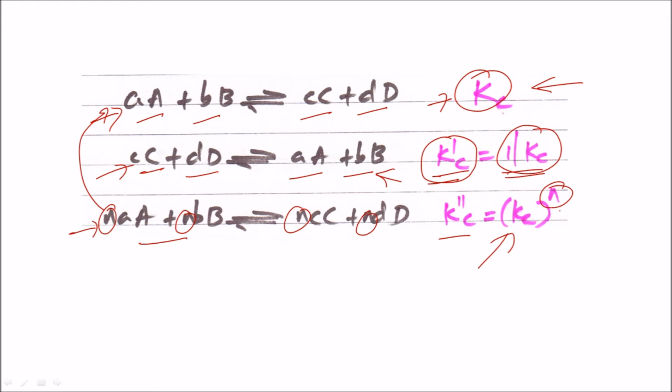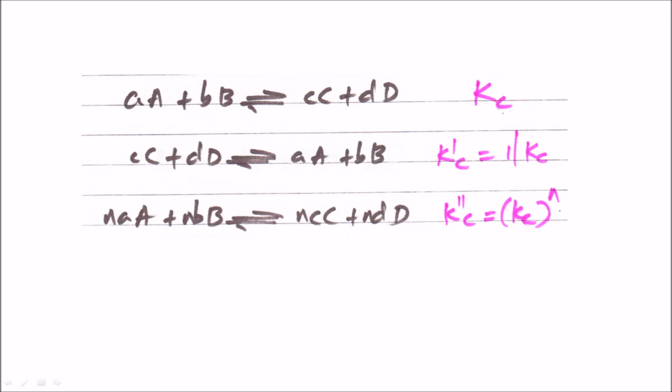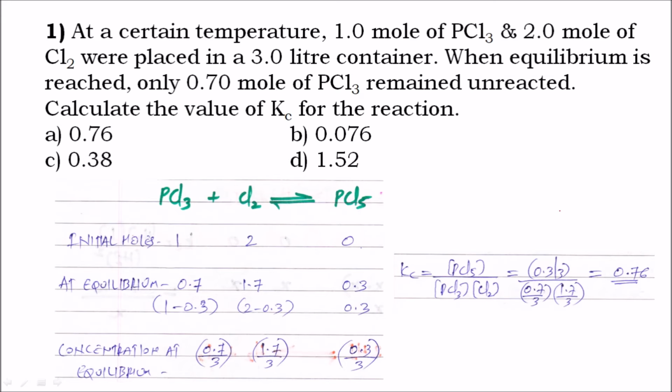Now we can take a few problems based on calculation of equilibrium constant. I have taken 5 questions here, so we can take the first one. Let me read it. At a certain temperature, 1 mole of PCl3 and 2 moles of Cl2, so we got two reactants, PCl3 and Cl2, were placed in a 3 liter container.